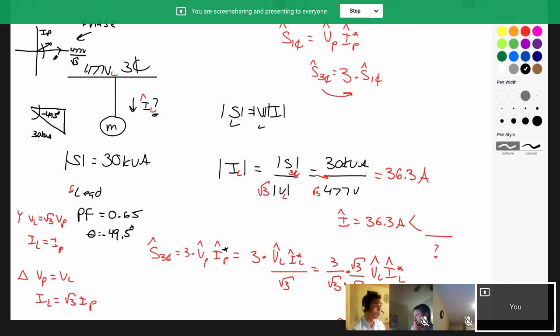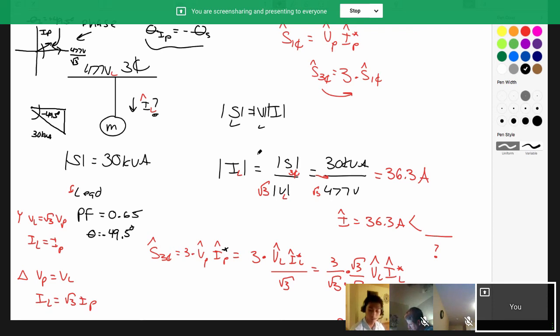This angle would still be the same as this angle, right? I'm going to say theta I equals, this time, a positive 49.5 degrees. So we know that theta of the phase current is going to equal the negative apparent power angle.